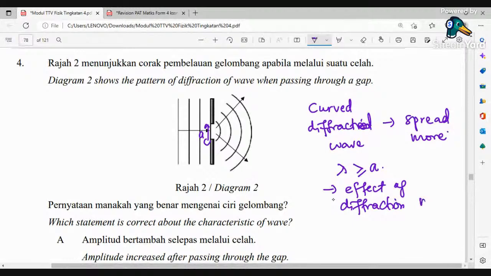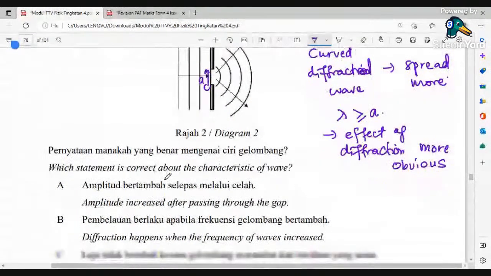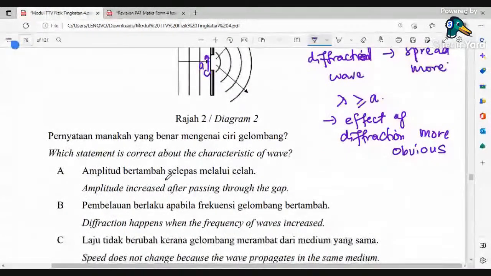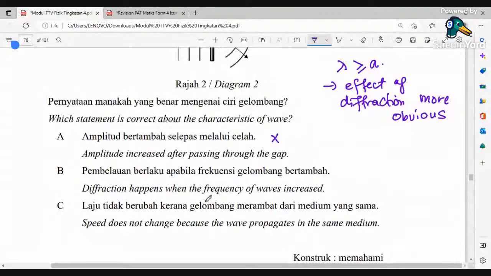More obvious. Okay. Which statement is correct about characteristic of the wave? When the wave spreads more, the amplitude decreases, so the first part A is wrong. Diffraction happens when frequency of wave increases. Frequency does not affect.